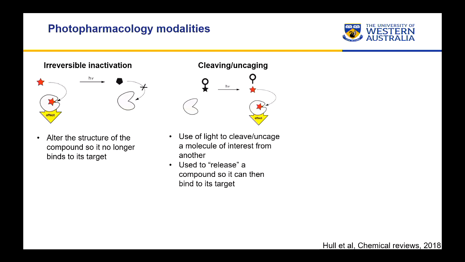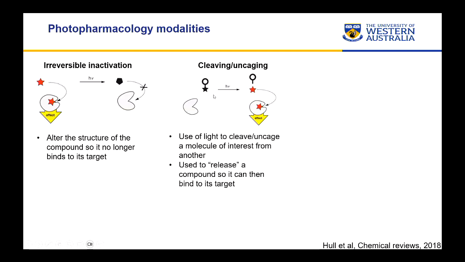The second modality is something called cleaving or uncaging, or photocleaving, photo-uncaging. This is where we use light to break off something so that the compound can bind to whatever it wants to. This might sound a little bit strange. This is the mechanism I'll talk about in a lot more detail. But to summarize, again, we have some kind of receptor or target.